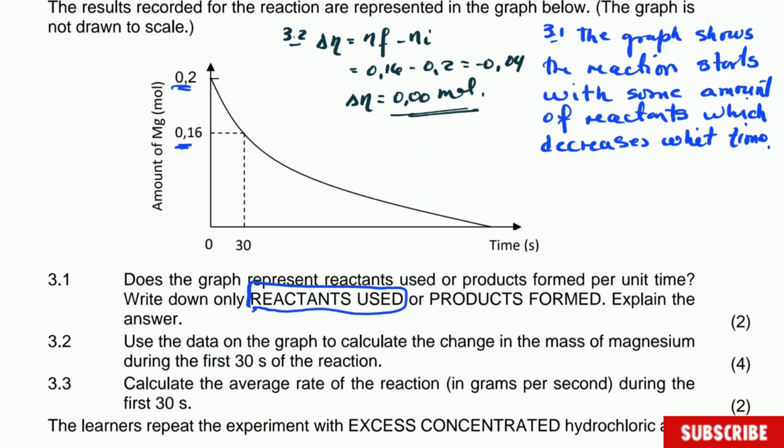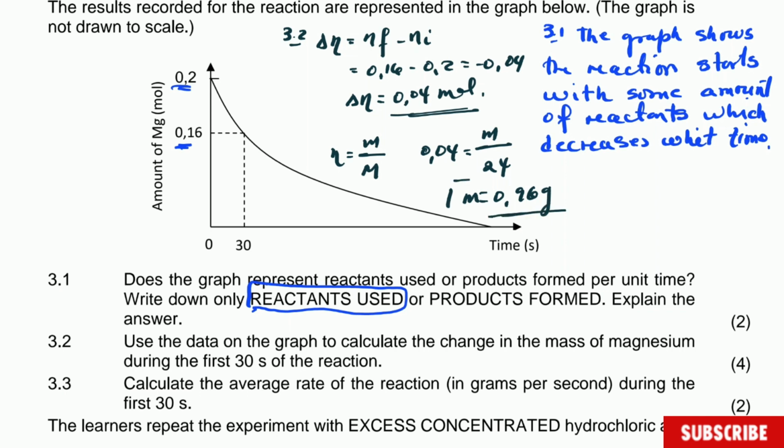So now we will have to calculate the mass. So number of mole is equal to mass divided by molar mass, and then if you substitute, you have 0,04 equal to m divided by molar mass of magnesium, which is 24, and then mass is equal to 0,96 grams.